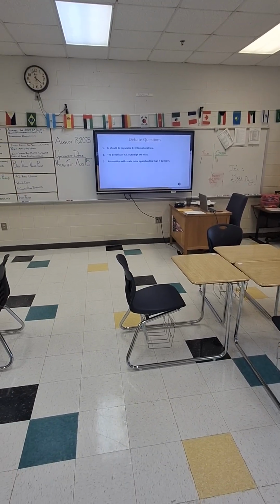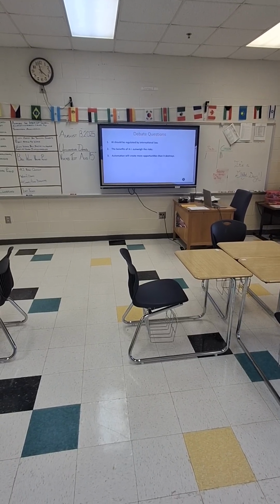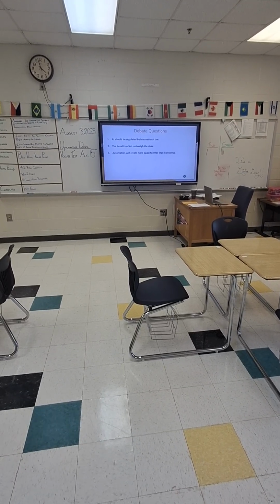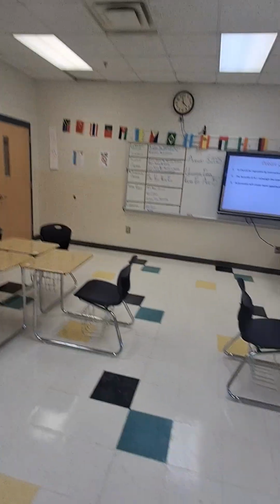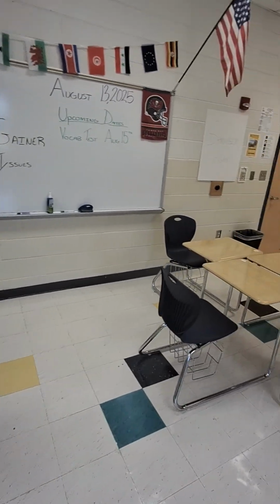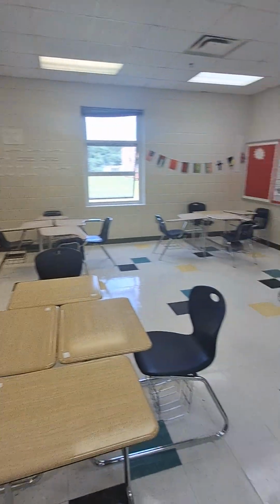If anybody were to come in, they would be able to see what students are supposed to do. If a student comes in late, there is no excuse not to see what they're supposed to do at the station they're at. So that is the tour of my classroom, and thank you.